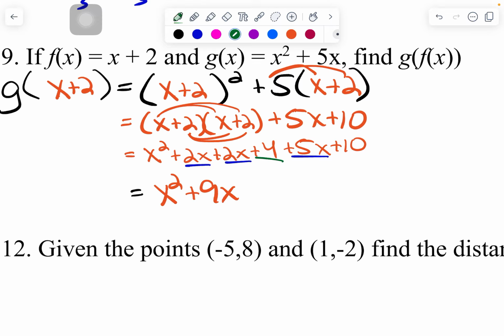And then separately, I've got positive 4 plus 10, so that's going to be 14. And then, so g of f of x is equal to that. Grab my highlight, come on. Nope, I'm doing eraser, haha. All right, why is this not showing up? Okay, so that means number 9 is now done.